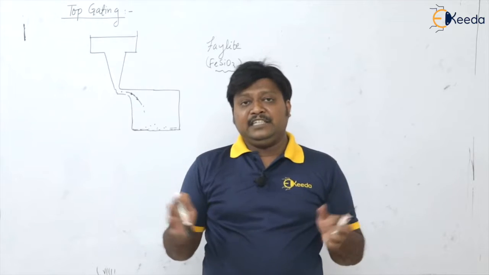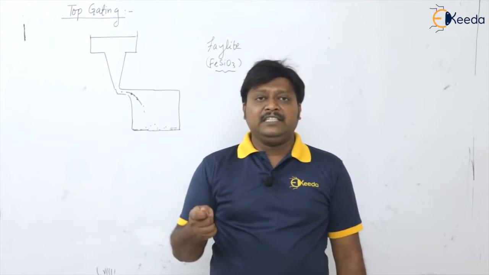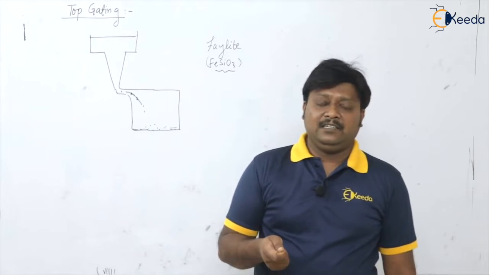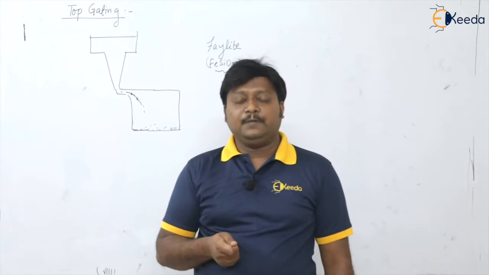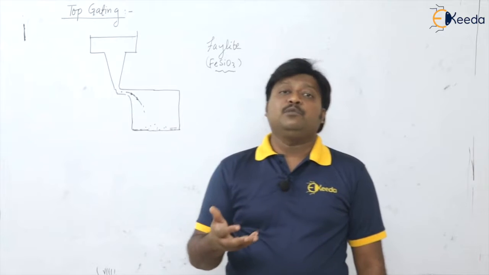Whenever the casting is over and is subjected to any machining process, while machining, if the tip of the tool comes in contact with that fayalite flake, then there are chances of eroding the tool tip also.